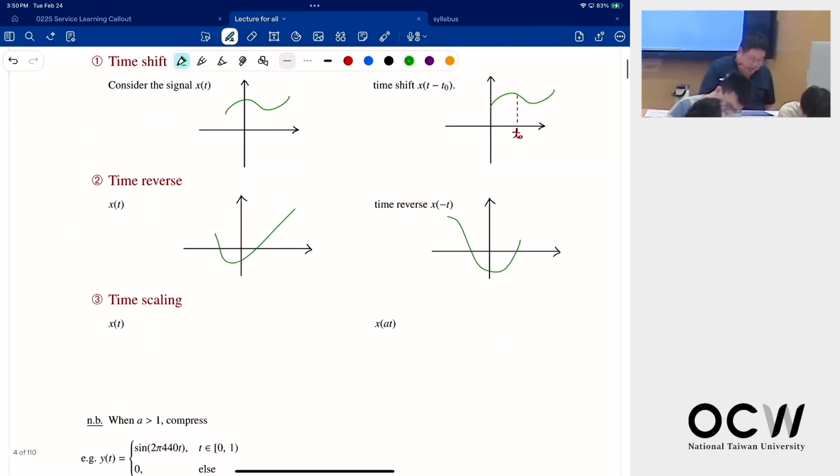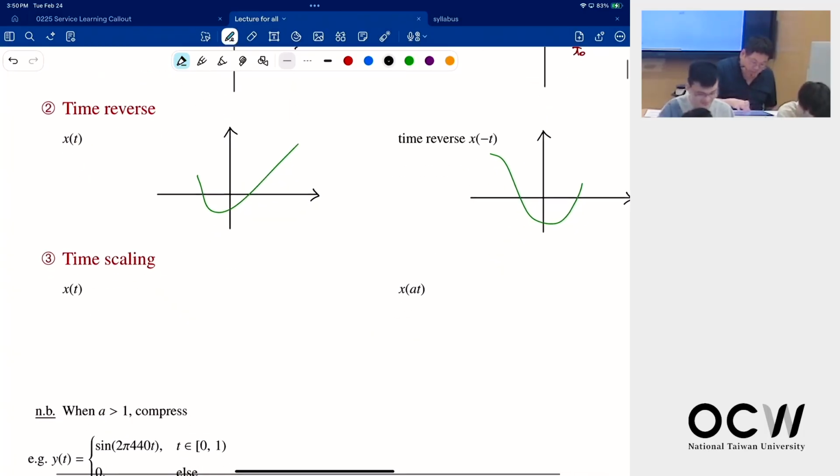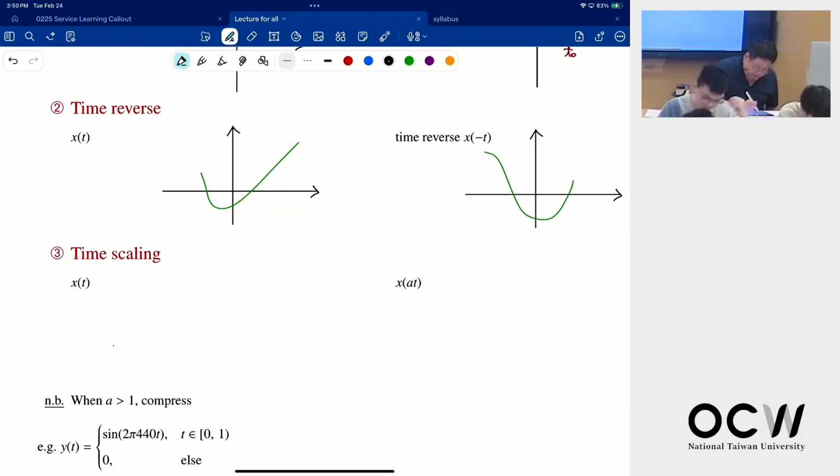Next, time scaling. So if my signal is like a rectangular pulse, but not quite, it just has 0 between -1 and 1, but 1 outside that region.